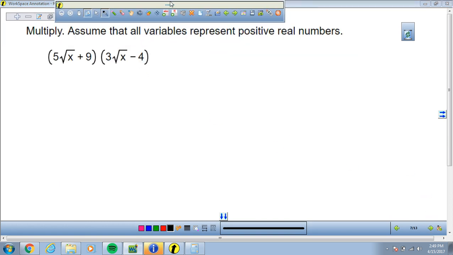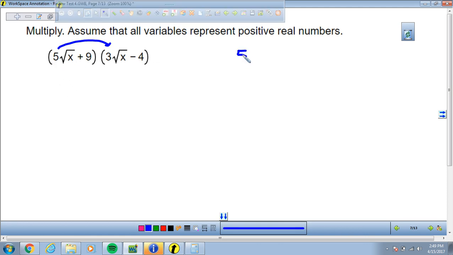The next problem is very similar to that one, except that this one is already expanded. You don't have to expand it. You're going to multiply and simplify as much as possible. So 5 square root of x times 3 square root of x. You get to multiply the two numbers on the outside. 5 times 3 is 15.